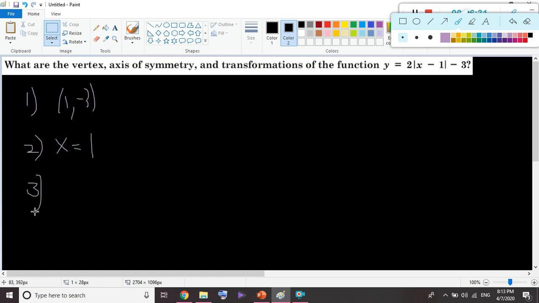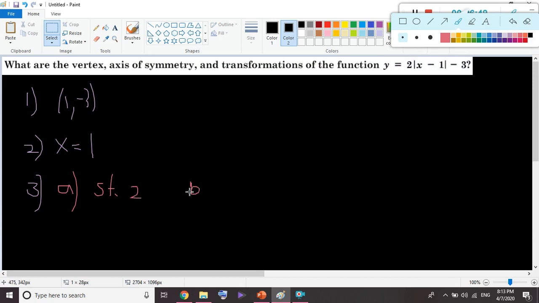Number 3, they're asking for the transformation that we have. So we're going to have A, B, C. A, we have 2, which is greater than 1, so it's a vertical stretch with a factor of 2.